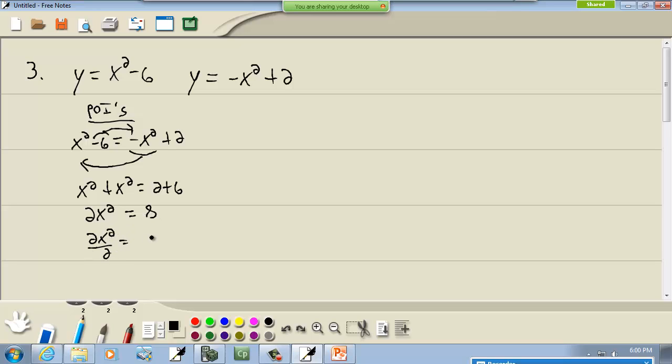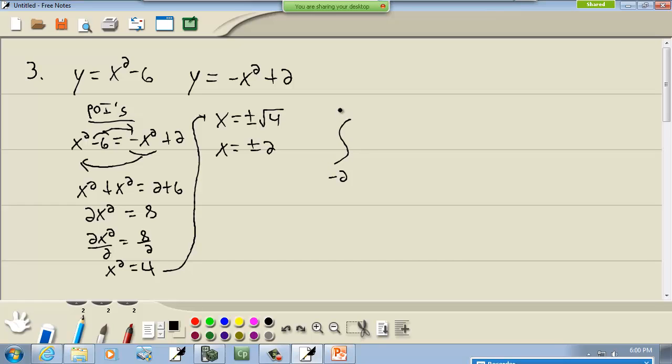Divide both sides by 2, and we get x squared is equal to 4. Square root property: drop off the squared, put a plus or minus square root around the other side, and we again get plus or minus 2. So we'll do type 1 from negative 2 to 2. And we got our above, and we got our below.